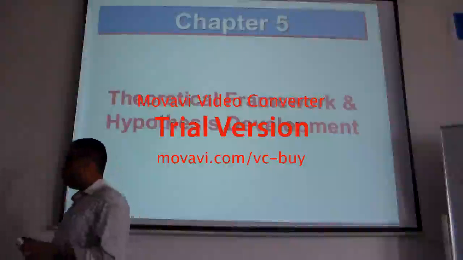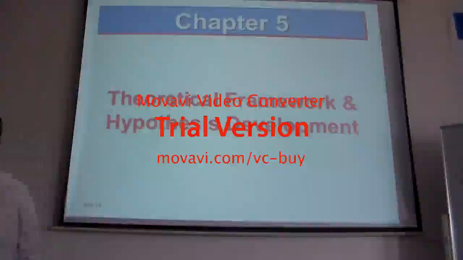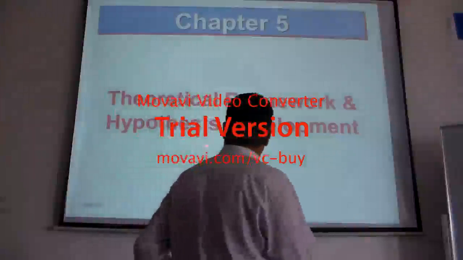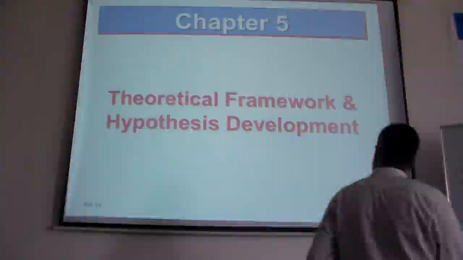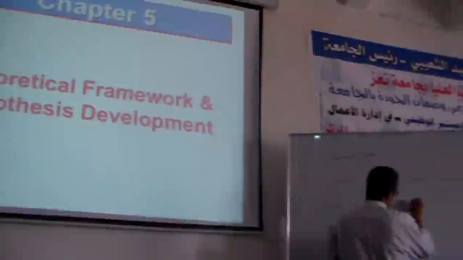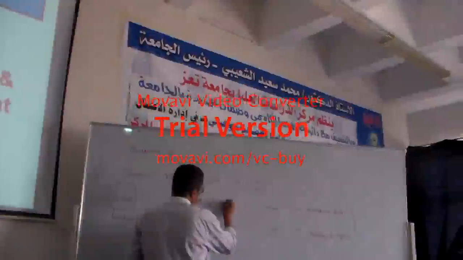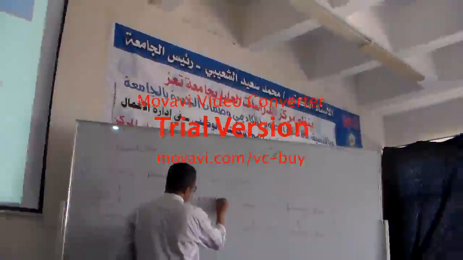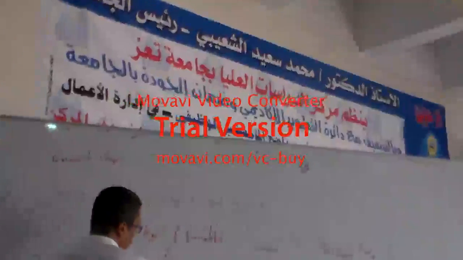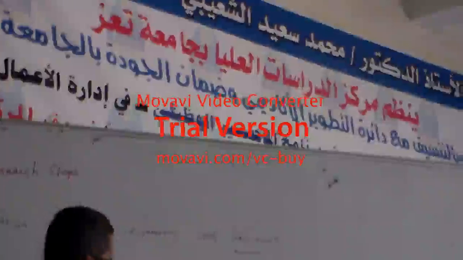Before that, we study what we mean by theoretical framework and what we mean by hypothesis development, and we should also understand what are the types of variables, because after that, the relationship between variables will form our hypothesis.